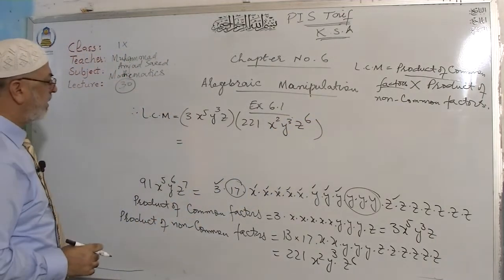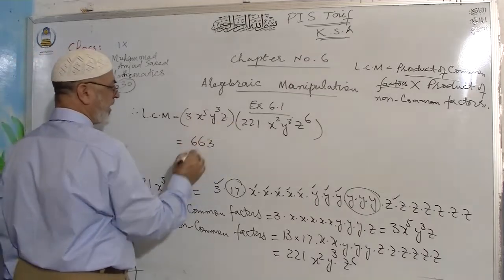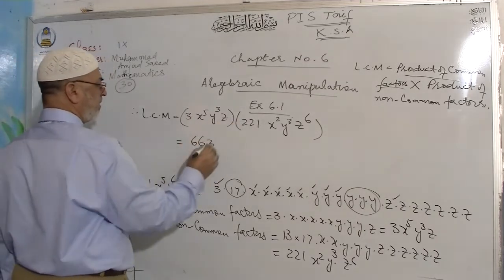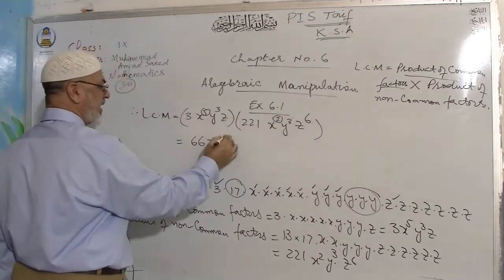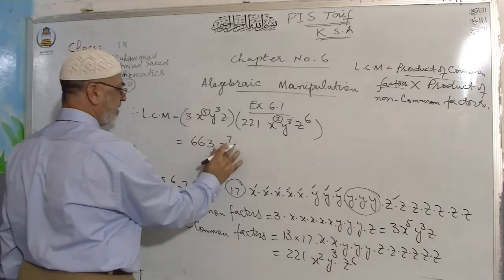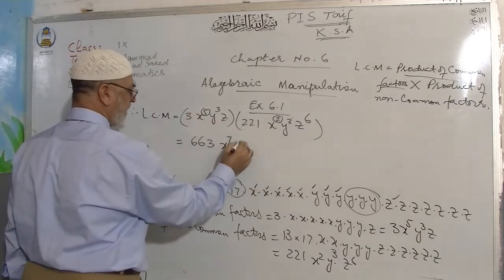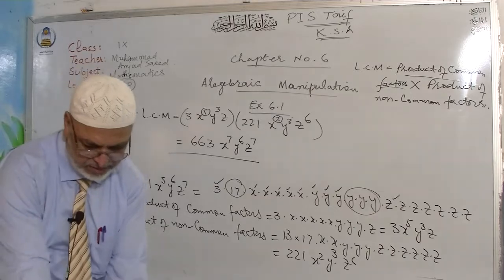Now you can multiply them. 6, 6, 3, x power 5 and x power 2. Add them. You know that bases are same, powers are added. Y cube, y6 and z7. Check your answer.